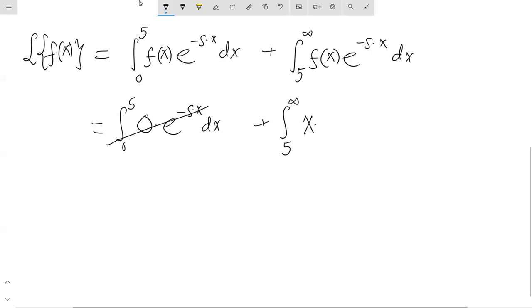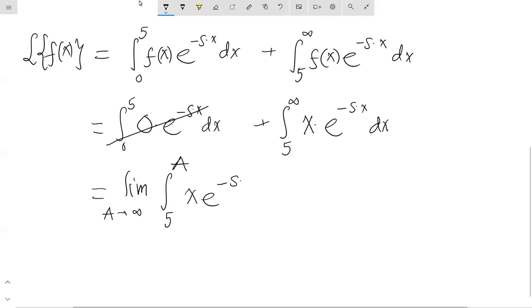So I replace f of x by x, and I have x times e to the minus s times x dx. And now I take the limit as a goes to infinity of the integral from 5 to a of x e to the minus sx dx.